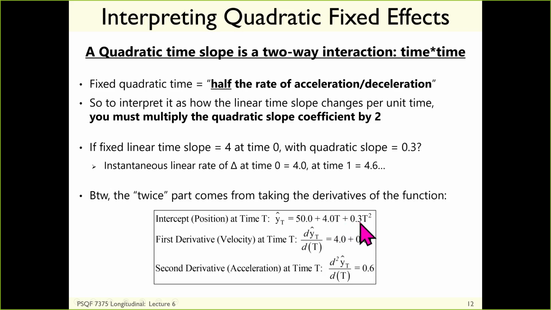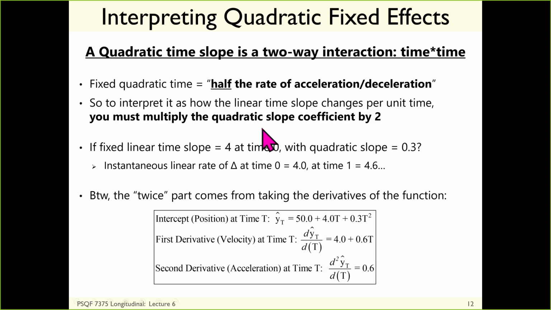For the first derivative with respect to time, which would give me the slope at time t, so that the term for that is instantaneous slope at that occasion, then here's what the equation would be. The squared comes down in front to multiply it by 2. The second derivative is 2 times the quadratic. So it gets multiplied by 2. So twice the quadratic is how the linear slope changes per unit time.